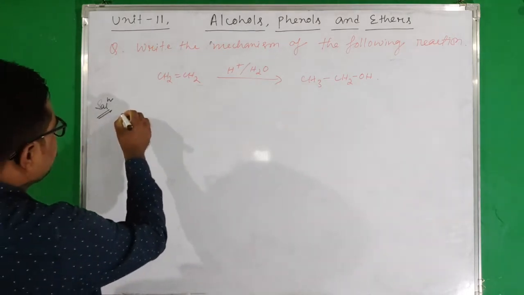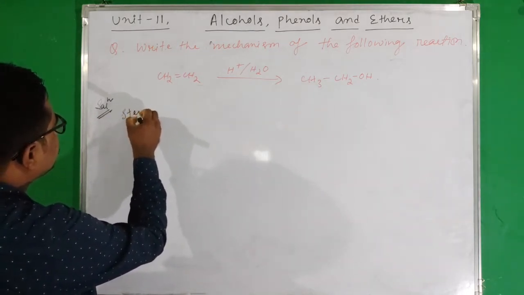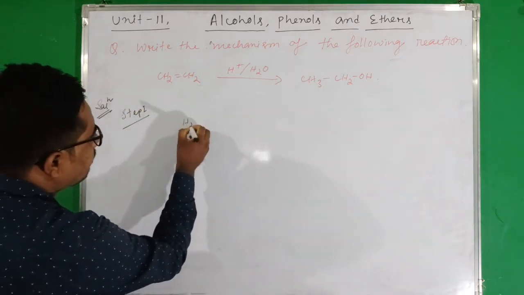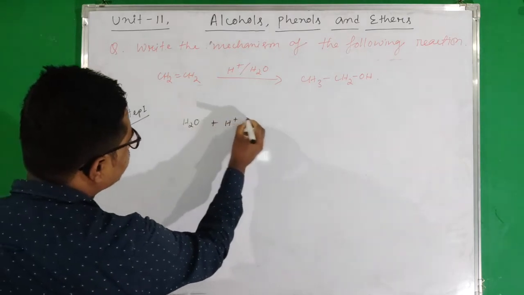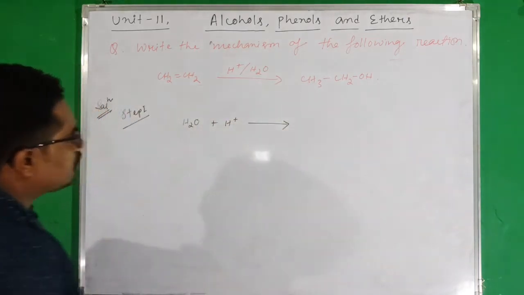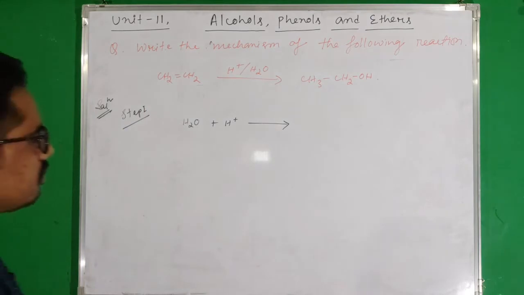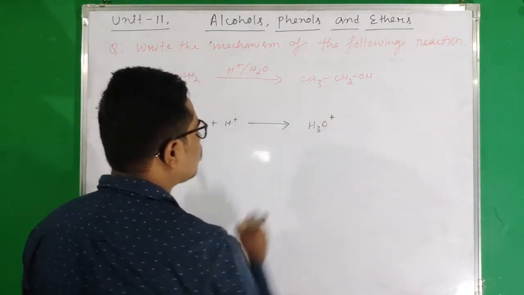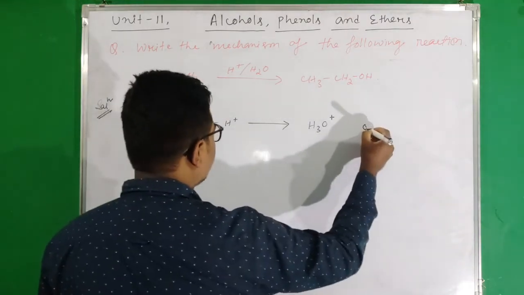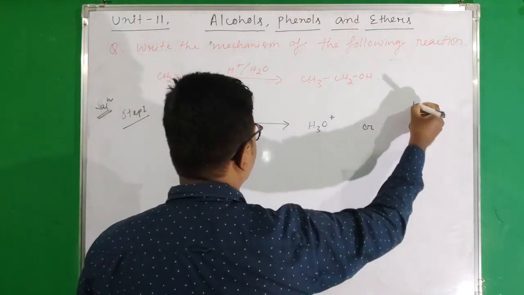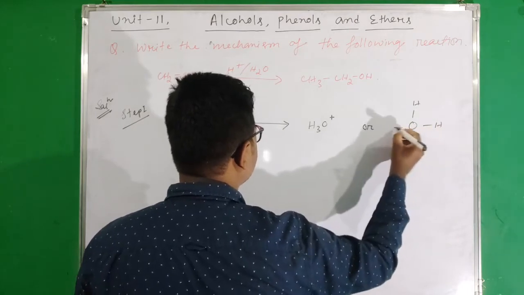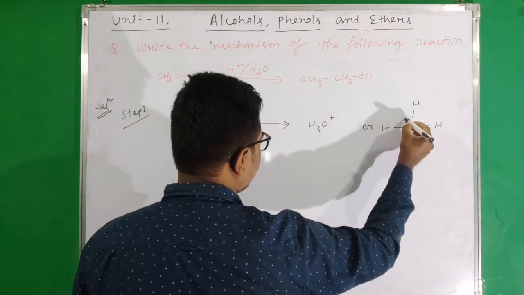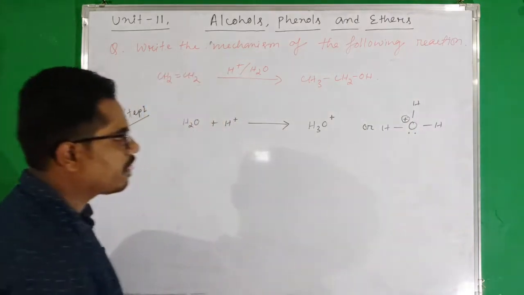This reaction will follow some steps. So in the first step, the H positive will react with water to form the hydronium ion, that is H3O positive, where oxygen is bonded to H, H and H, with one lone pair present.